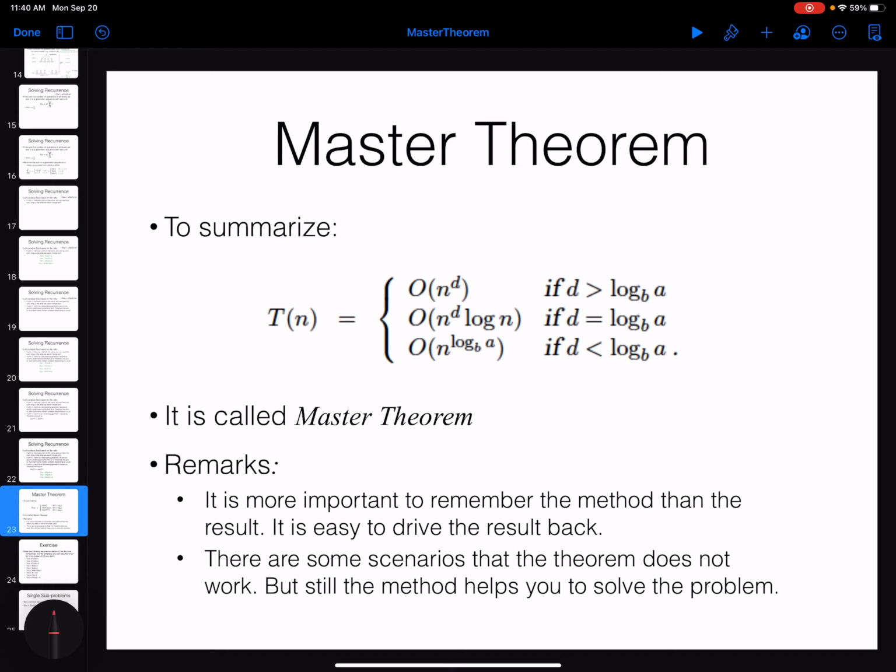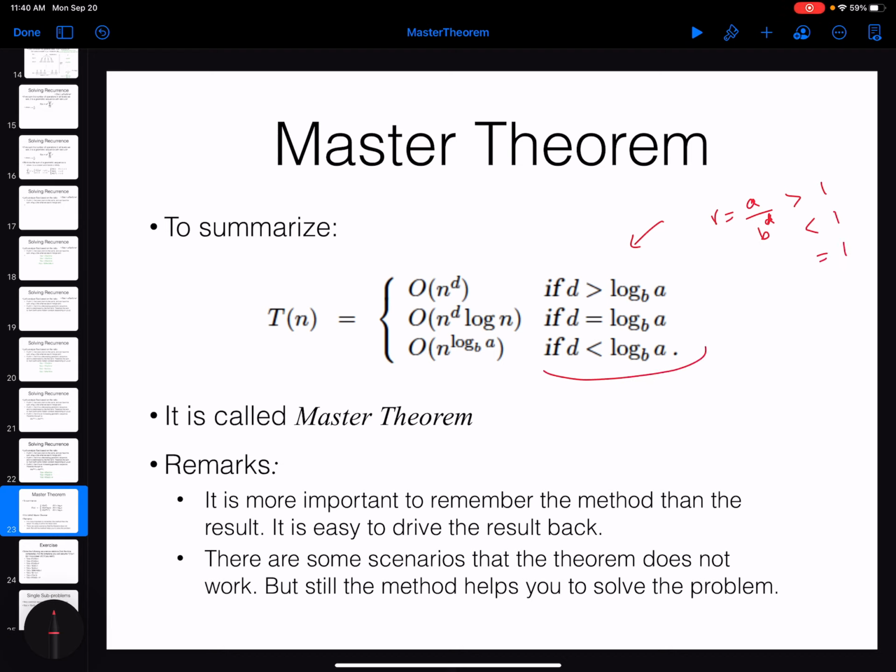What was the ratio? The ratio was a divided by b to the power of d. And based on comparing that ratio greater than 1, less than 1, or equal to 1, all of those cases can also be simplified in this form if you wanted to memorize it.